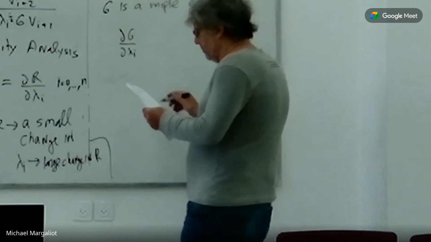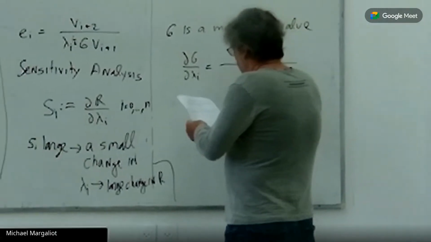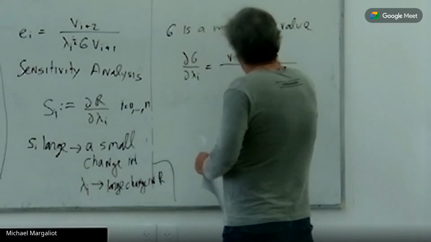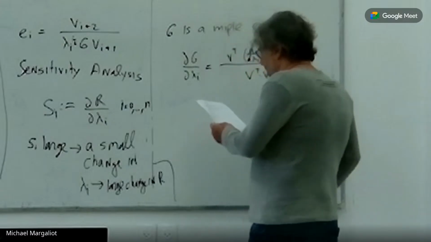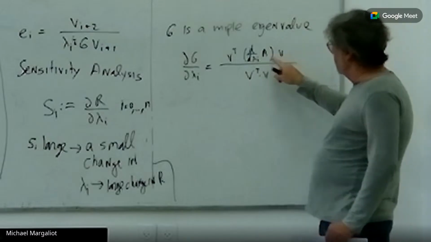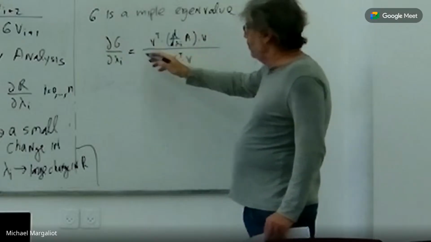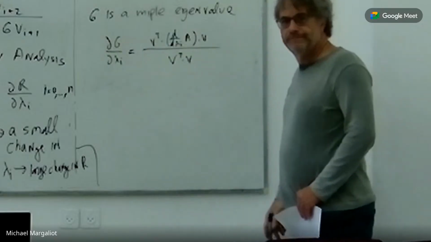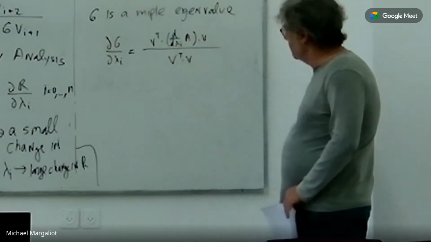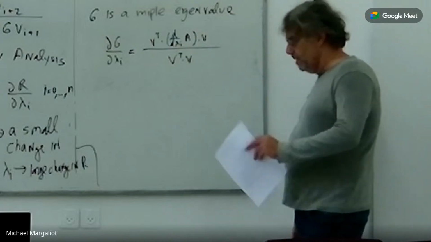And there is a known formula, and if you like, I can prove it for you, that says that if you change lambda I in A by a little bit, and you want to know what will be the change in the Perron root, the answer is given by this formula. This is known from linear algebra.